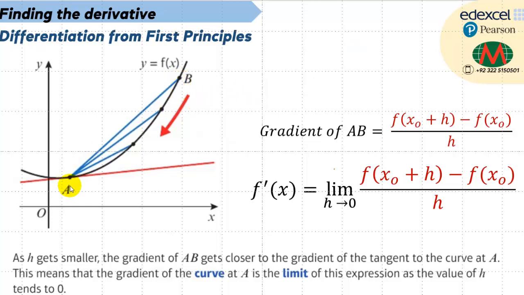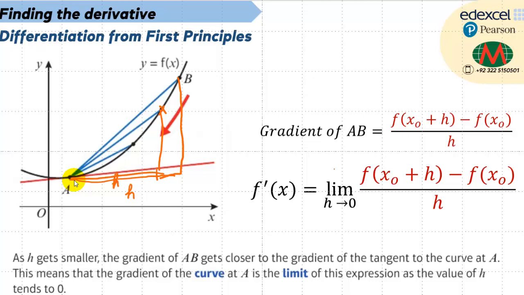If we try to find the gradient of this big line AB, we draw a right angle triangle, and then using the rise over run concept, we find the gradient of this line AB, and here the denominator is h. But when this point comes over here, we redraw this right angle triangle again, and this is h.